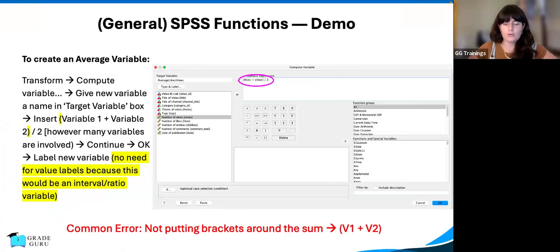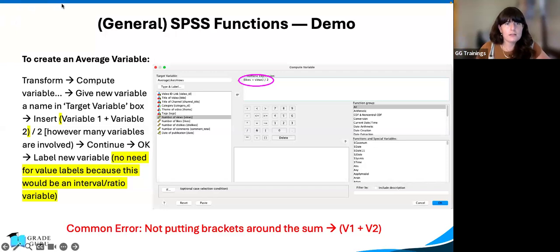Usually, what this function serves is, say you've got 3 different questions in a survey that ask a slightly different aspect of the same phenomenon, and you want to create an average variable that puts all those 3 aspects together to get an average score. That's the function that this serves.